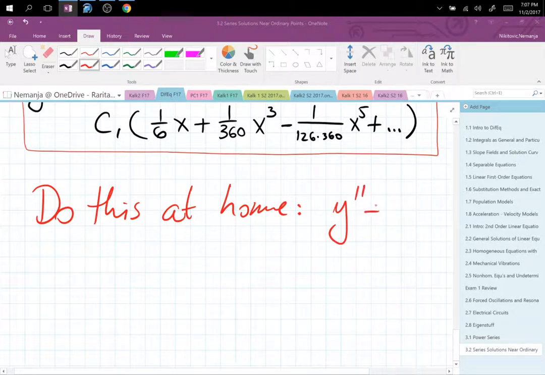This one has to come out as the power series for sine and cosine, because that's the solution: C1 cosine x plus C0 sine x or whatever it is.